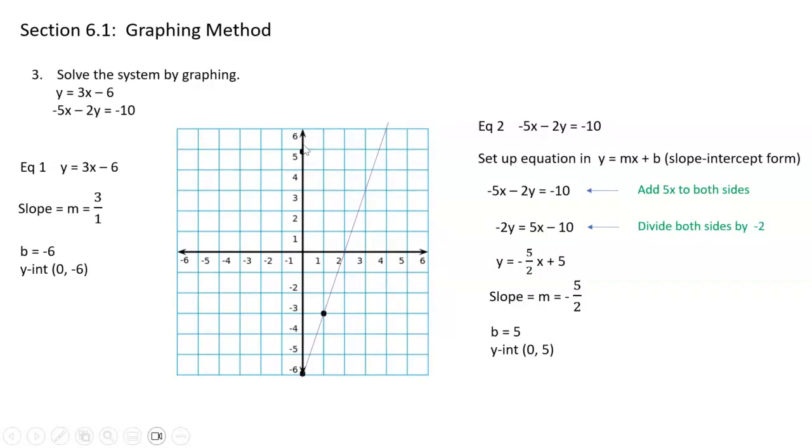If we go down 5, 1, 2, 3, 4, 5, and 2 to the right, we land at the point (2, 0). We connect the 2 points, and the solution is where both lines intersect, which is (2, 0). So the solution is (2, 0). That's how we solve by graphing.